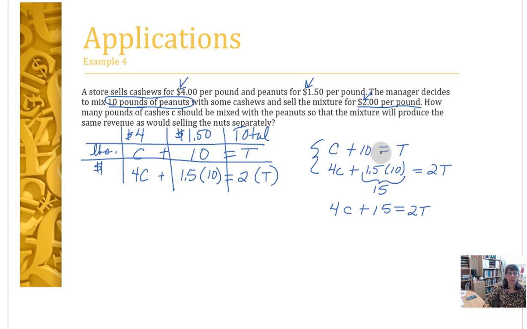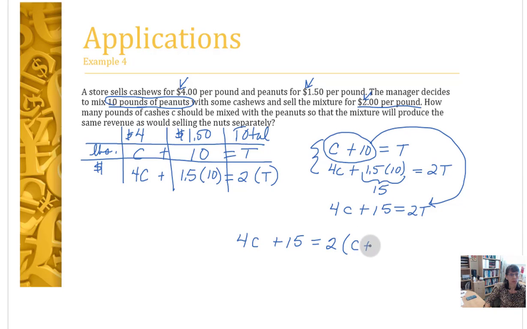Now we can see the first equation is already written in terms of T, so we can take C plus 10 and substitute that for T in the second equation. Now we have 4C plus 15 equals 2 times this new value of T. C plus 10 is that new value.